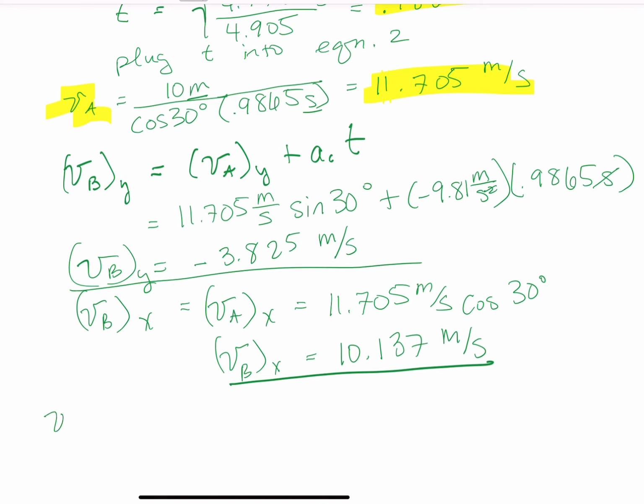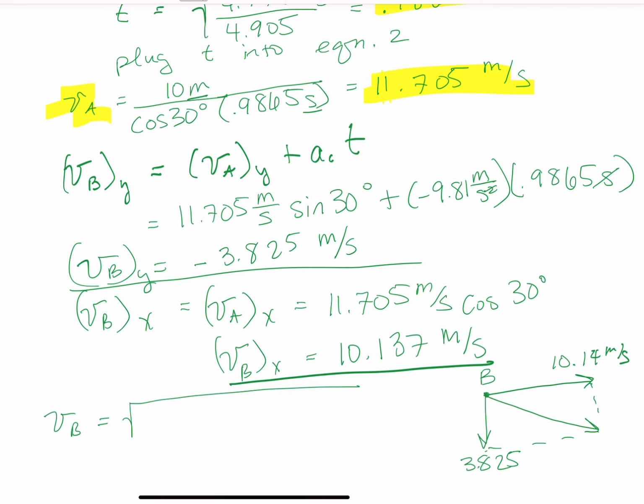And so the velocity at B is going to equal the square root. So we basically have, at point B, VBY, which is 3.825 meters per second, and VBX is 10.14 meters per second. So we just want to add those two vectors together to get our VB. So it's just the square root of both of those squared.